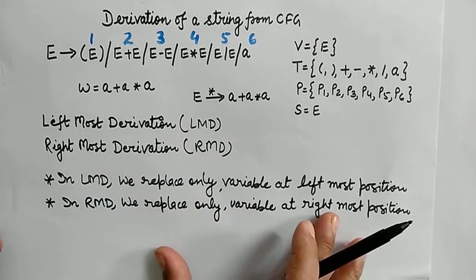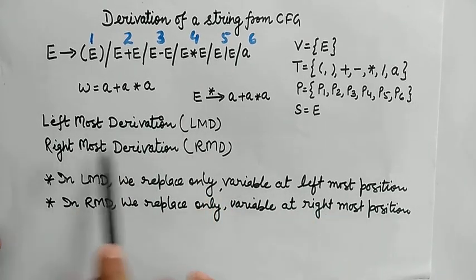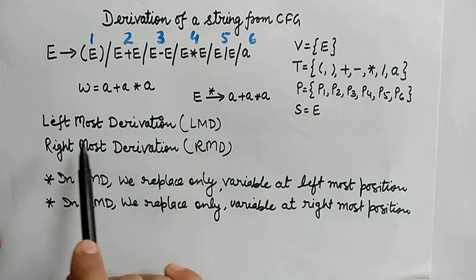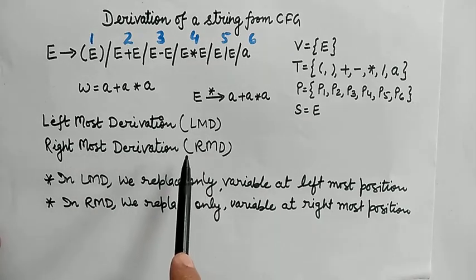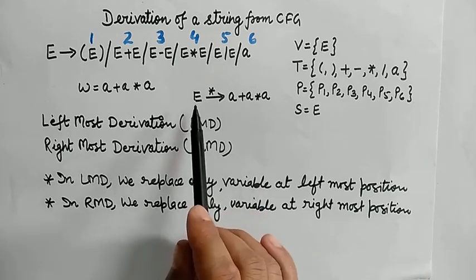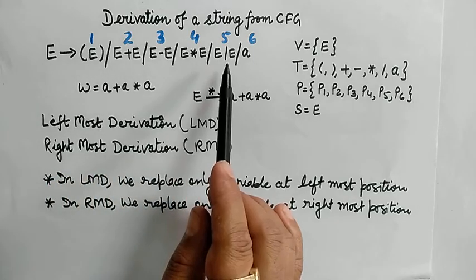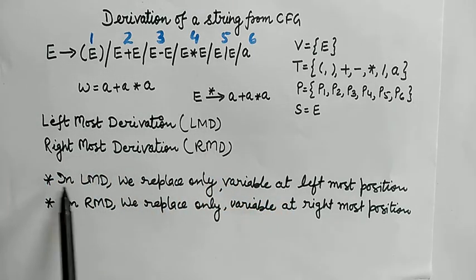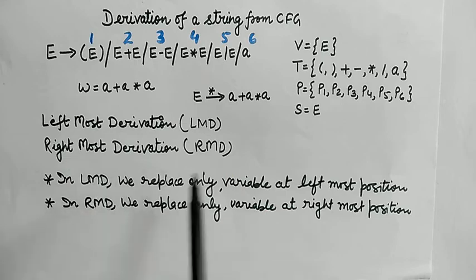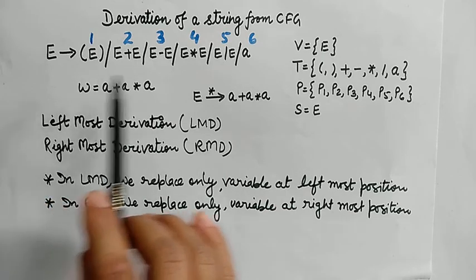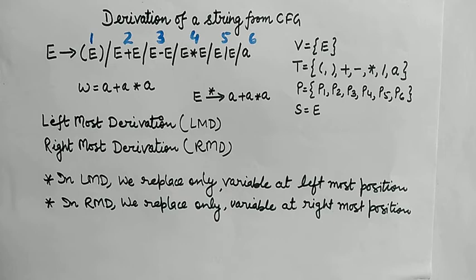We will derive this string both ways, by leftmost derivation and by rightmost derivation. While deriving a string from the start variable, we use these production rules; in leftmost derivation we replace only the variable at the leftmost position, and in rightmost derivation we replace only the variable at the rightmost position.